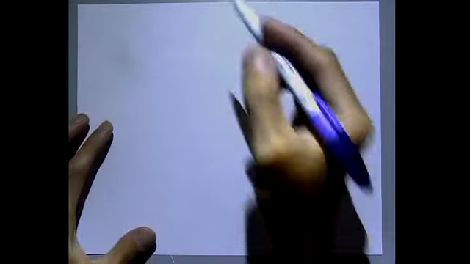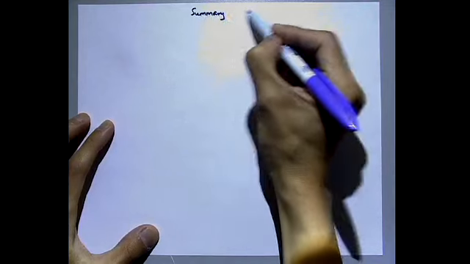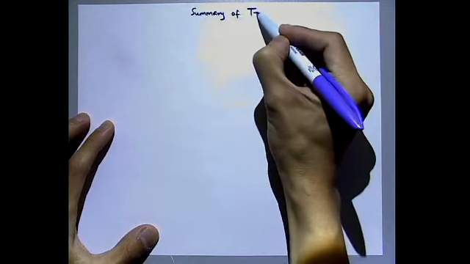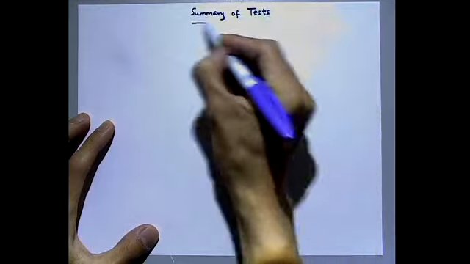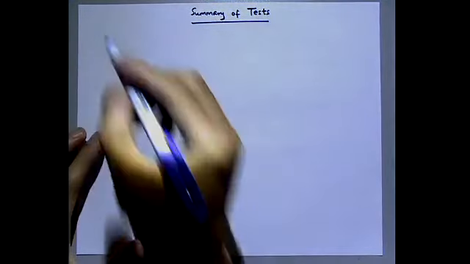All right, so let me make a summary of all the tests you have seen so far, and then we'll talk about which one is good for what kind of situation. And these are in no particular order.